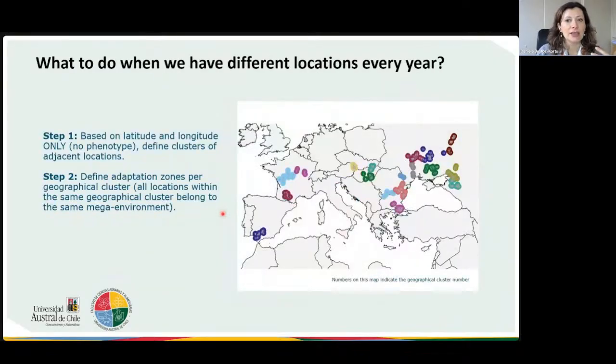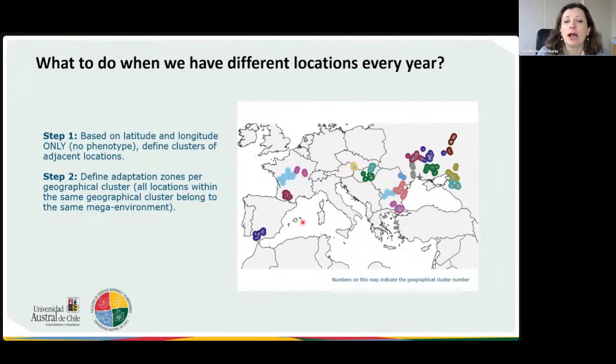We tried these ideas in a large data set for sunflower. And we said, well, this idea is very nice, but in real data, things are always more complex. And one of the first complexities we encountered is the fact that a different location is sampled every year. So the trial is not always exactly at the same location, but maybe a farm a few kilometers away.